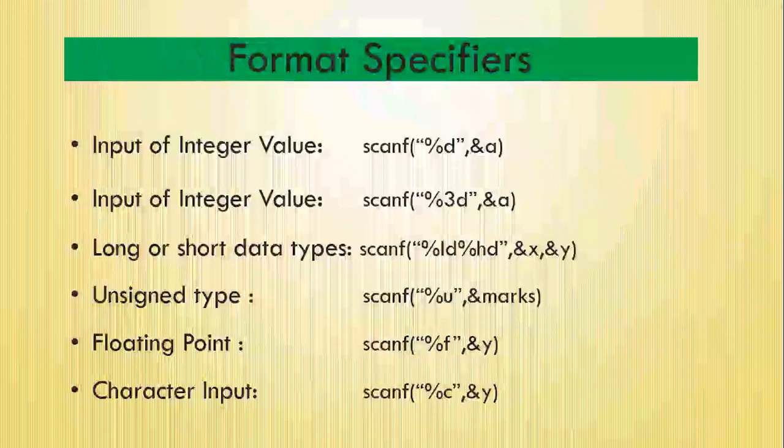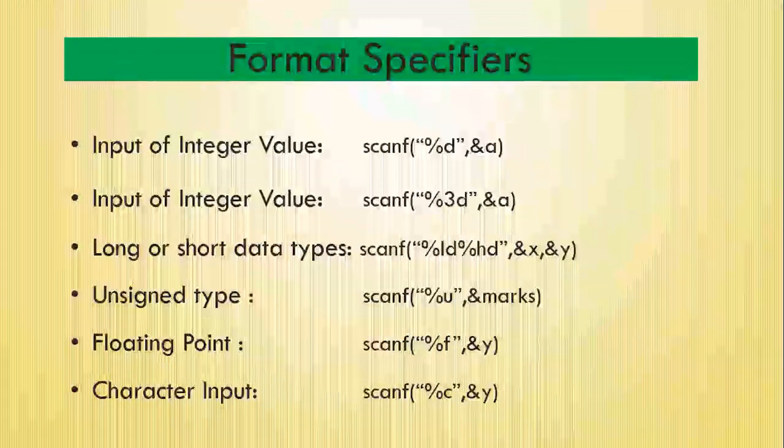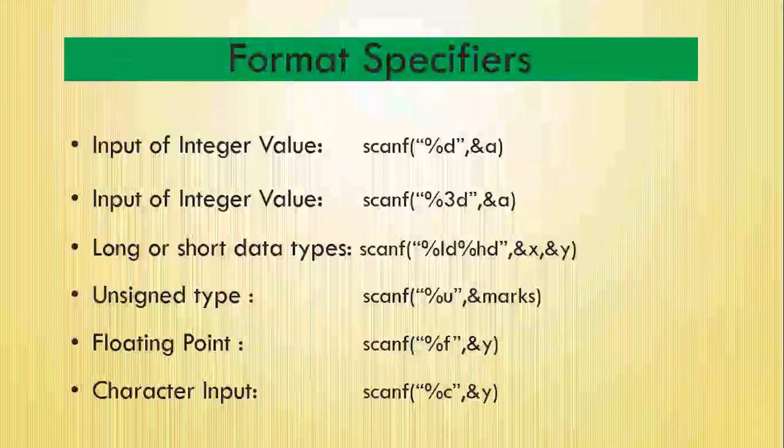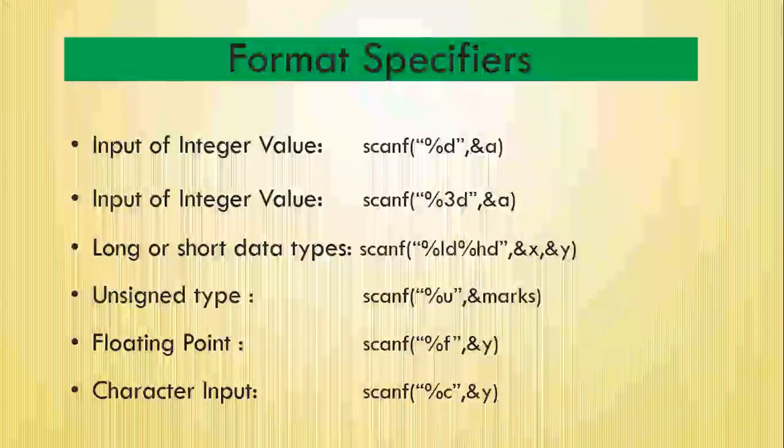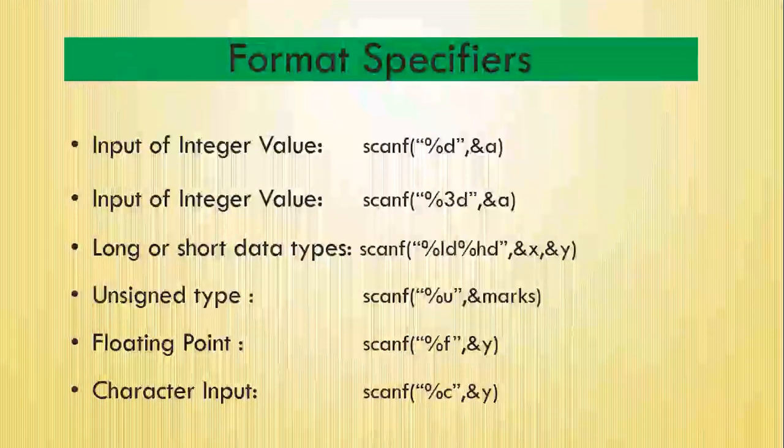For input of an integer value, you can put a value like %3d. Here 3 is the number of digits. The digit 3 indicates the field width of the input number.